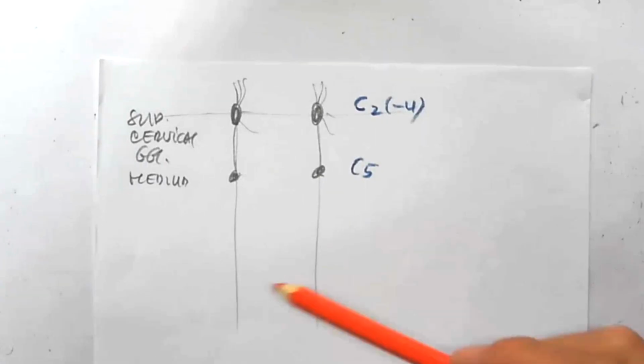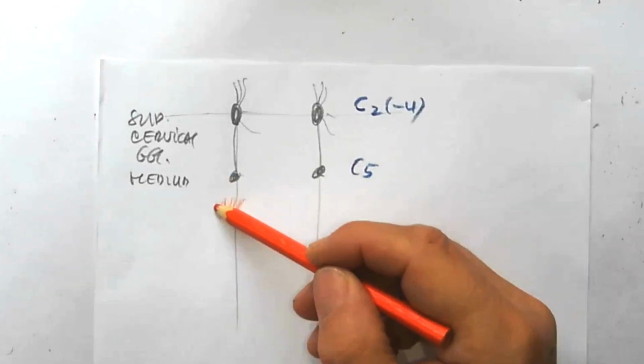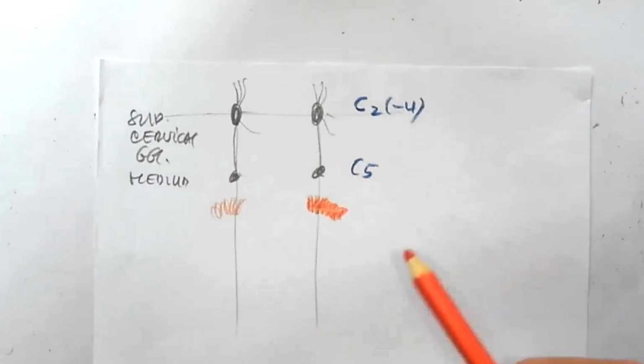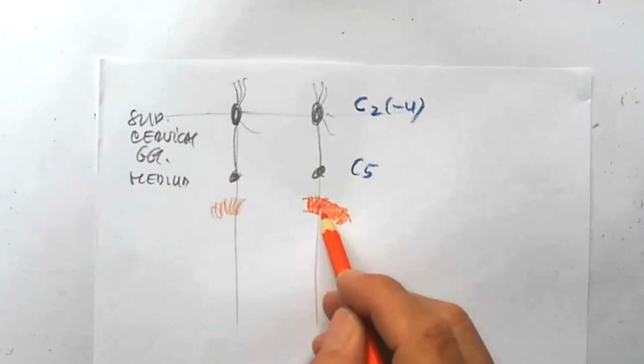Take care, drawing on both sides, definitely, but only on one side I will describe it. Drawing here the subclavian artery.